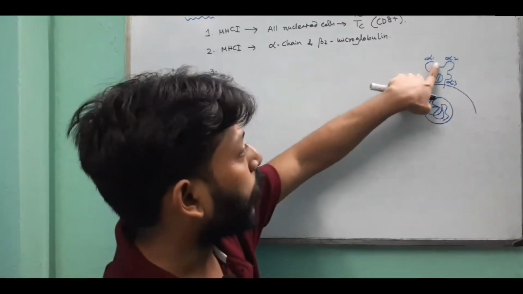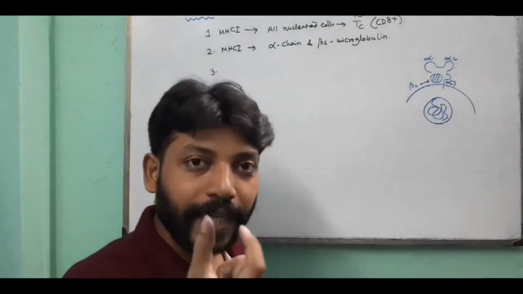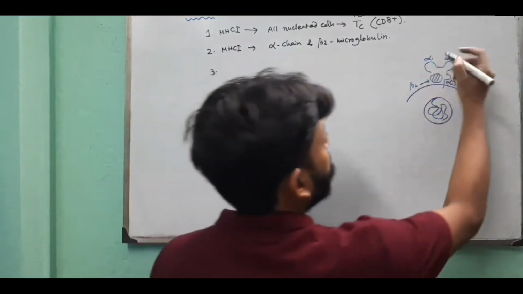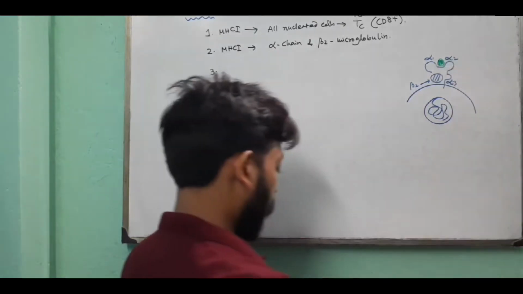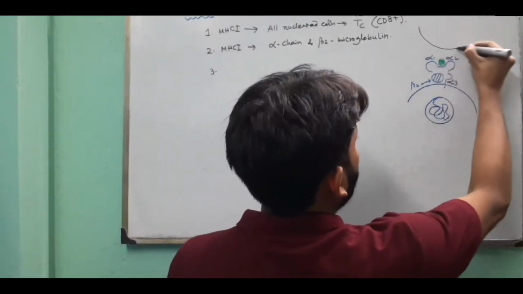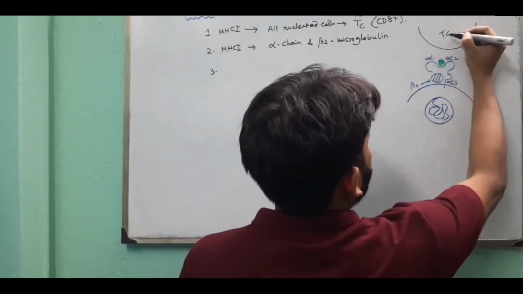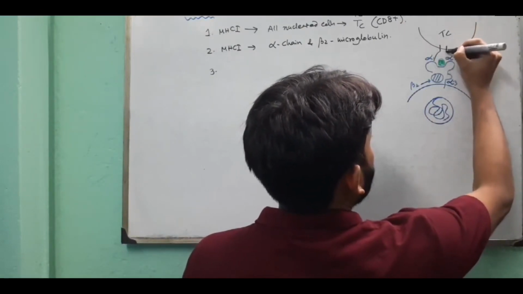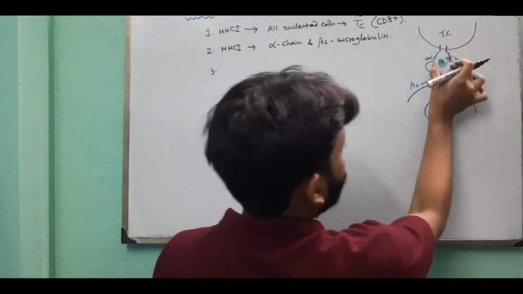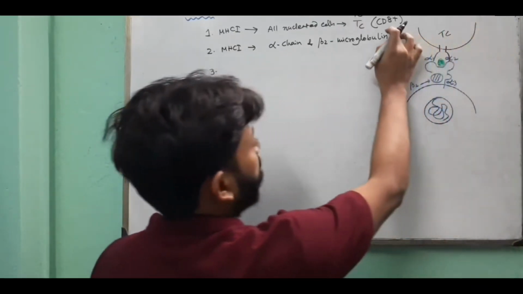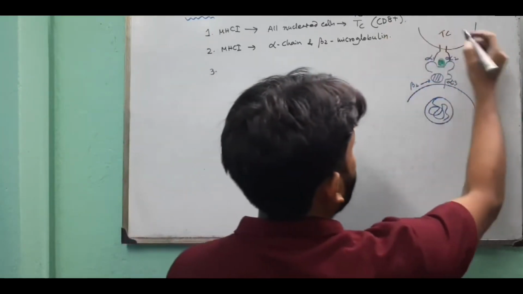So this alpha 1 and alpha 2 make a cleft or groove where the antigen binds. So here the antigen binds, and let me draw a T cell, a cytotoxic T cell, TC cell. It expresses a T cell receptor that can recognize this area, and this cytotoxic T cell, as I have already mentioned, expresses a co-receptor called CD8.